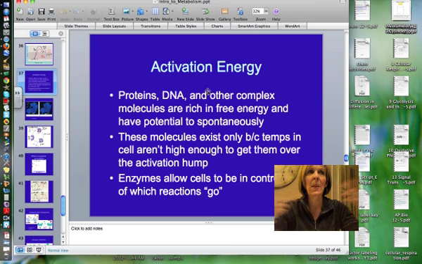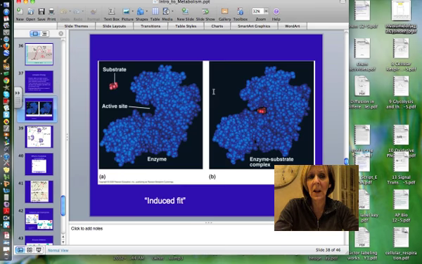They're not just spontaneously broken down because there's an activation energy that's there, and they cannot get over that activation energy without enzymes. So enzymes allow the cells to be in control of chemical reactions. Otherwise, you would have these exergonic reactions from these big molecules happening kind of willy-nilly in the cell, and that would not be conducive to life.